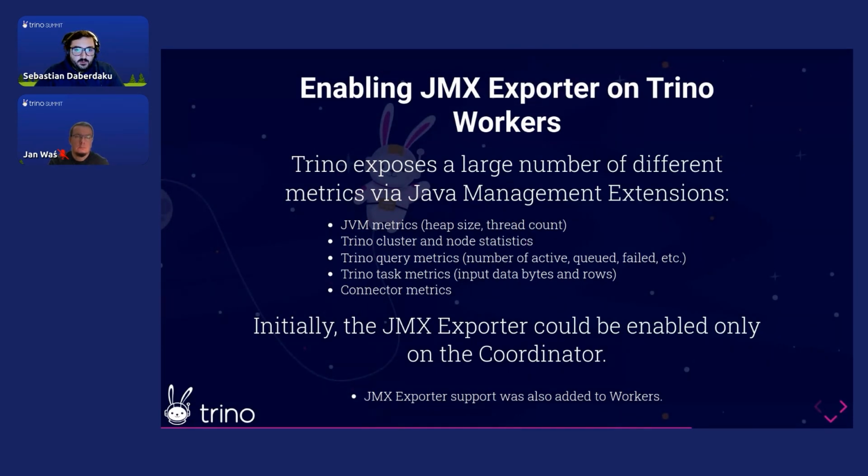And the feature that I developed, when enabled, will add the JMX exporter configuration, will add a sidecar container to the coordinator and worker nodes, and will enable Prometheus scraping by creating a ServiceMonitor CRD. For scraping the metrics from the worker nodes, a headless service, if I recall correctly, is created, which serves as a target to the corresponding service monitor.